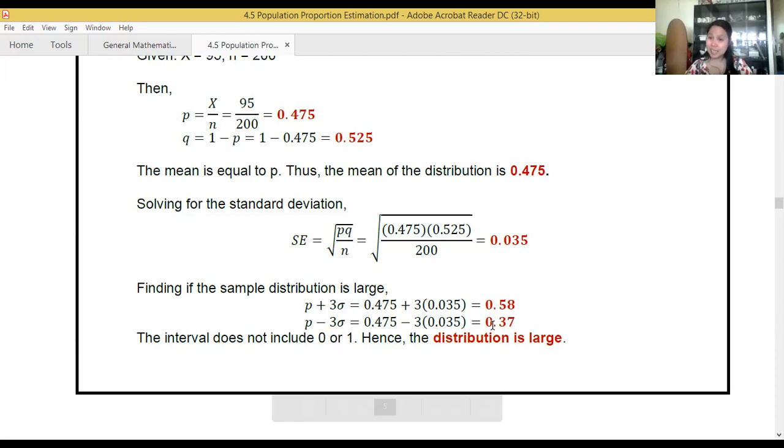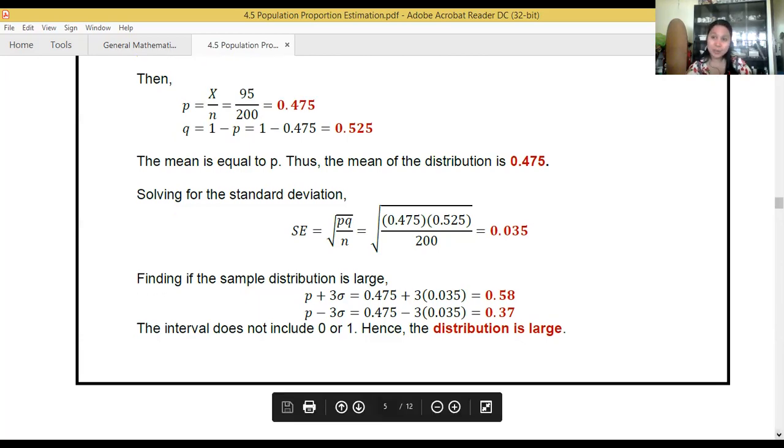Now, does the range include 0 or 1? Remember, our range is only from 0.37 to 0.58. Therefore, it does not include 0 and 1. And since it does not include 0 or 1, then we say that the sample size of 200 is large. Any questions?